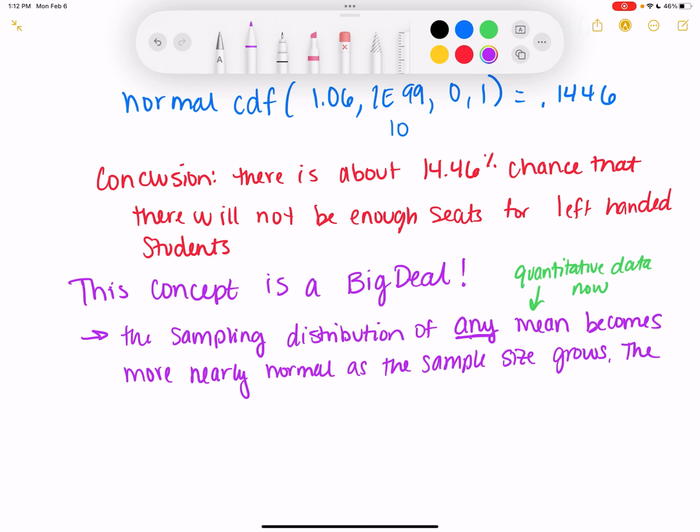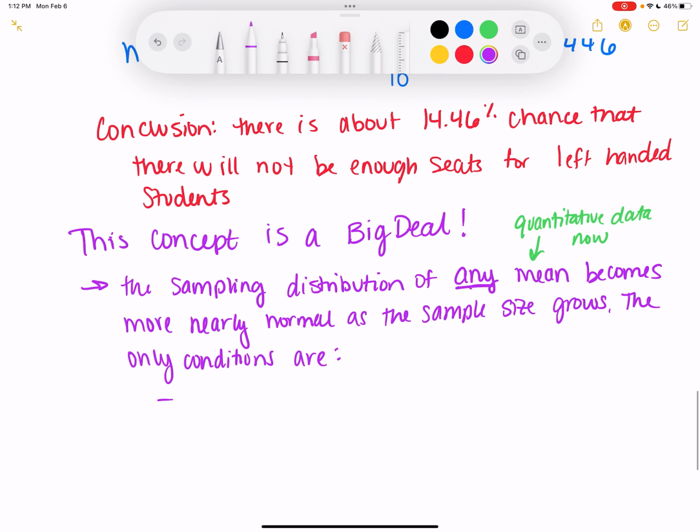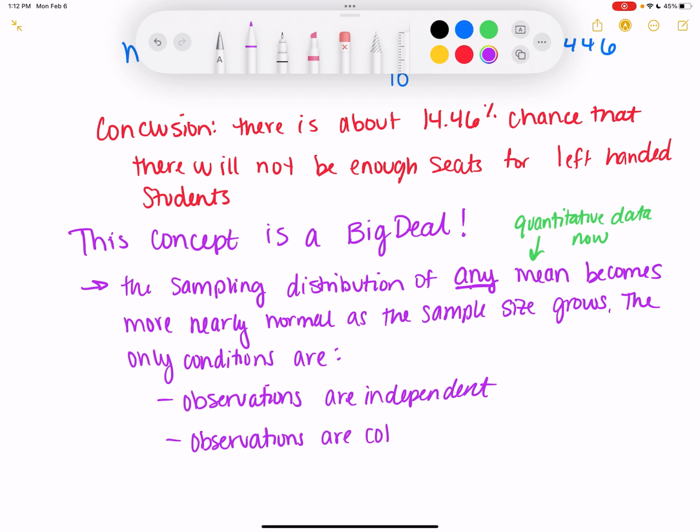The only conditions are observations are independent, and observations are collected with randomization.